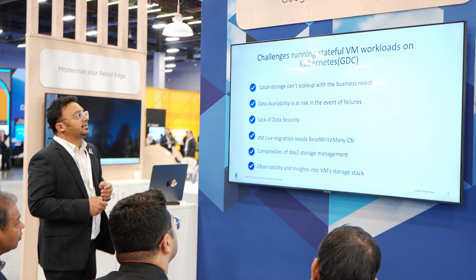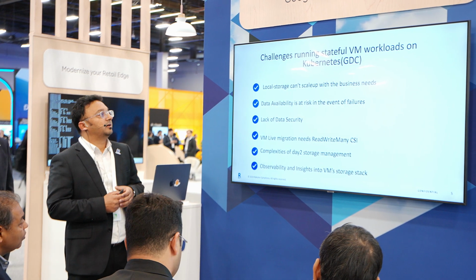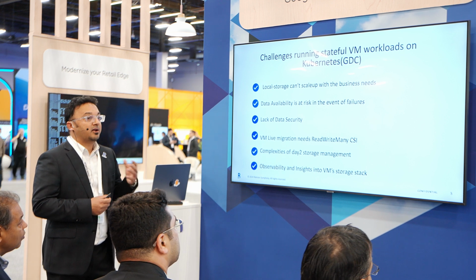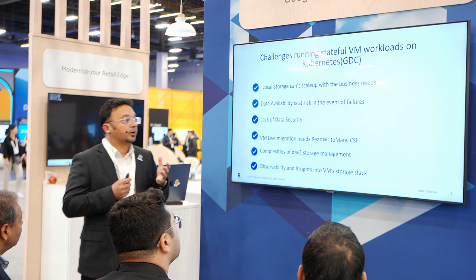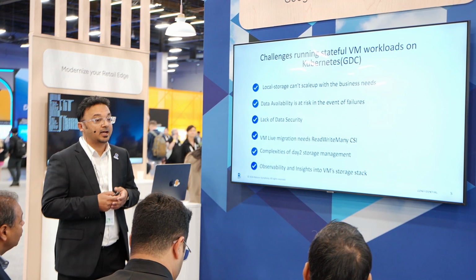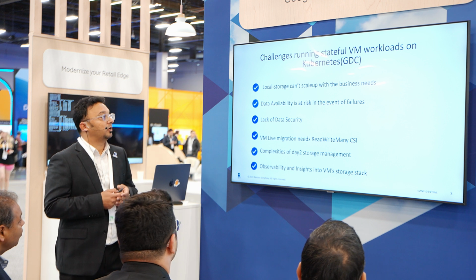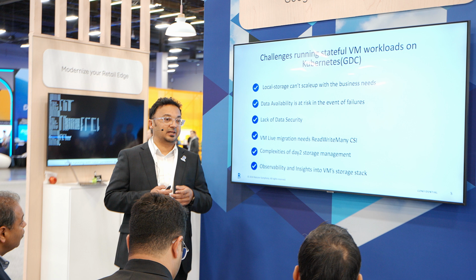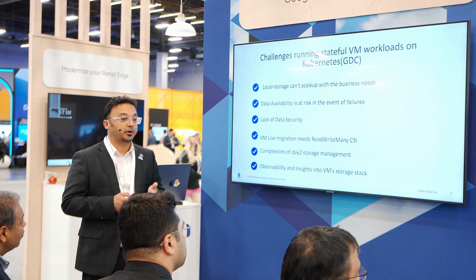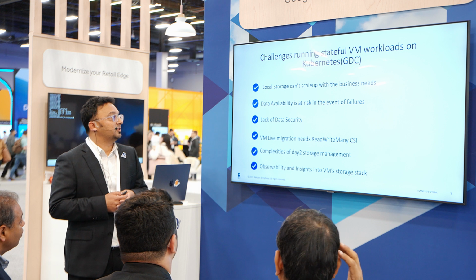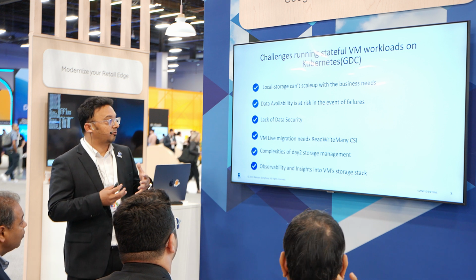So let's understand some of the challenges for running the VM workloads in Kubernetes, right? While you can run your KubeVirt-based VMs using local storage, local storage can't really scale as your business grows. It cannot tolerate any faults in the systems. Let's say your disk were to go down, your host were to go down, your rack were to go down, then there's no resiliency built into the platform, right?